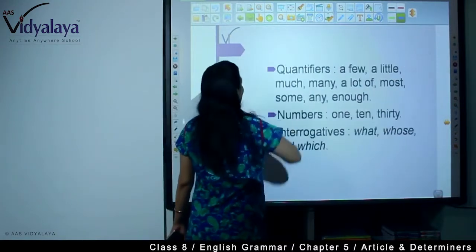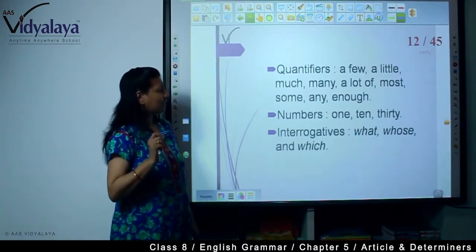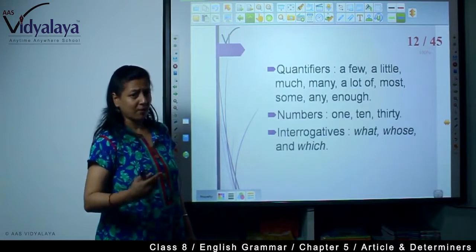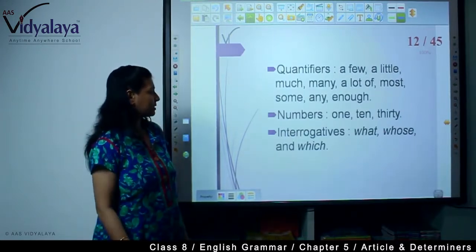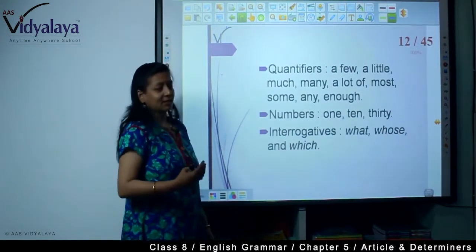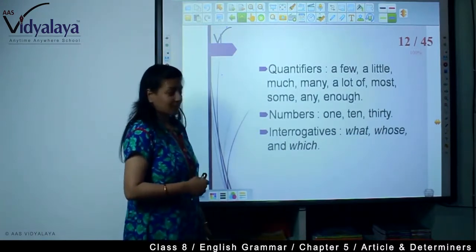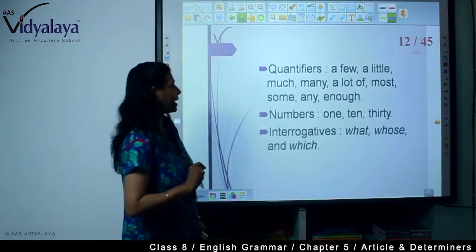Quantifiers: a few, a little, much, many, a lot of, most, some, any, enough. These are also determiners. Numbers: 1, 10, 30, as in one article, ten boys, thirty people. Then interrogatives: what, whose and which. These are all determiners.